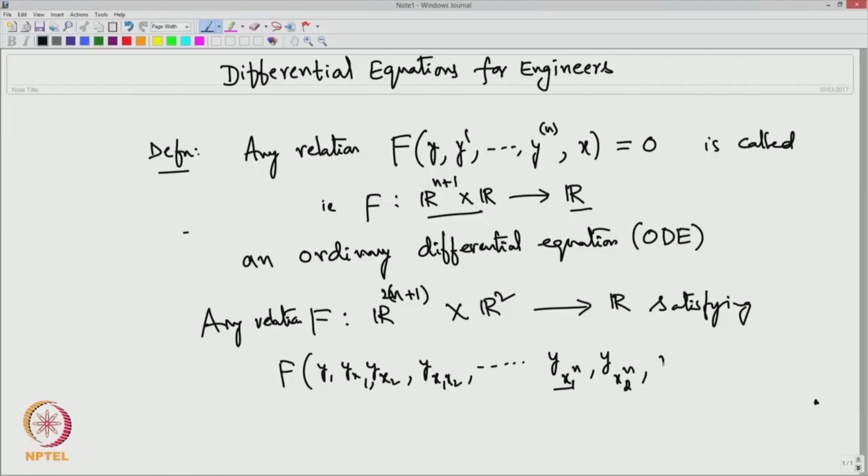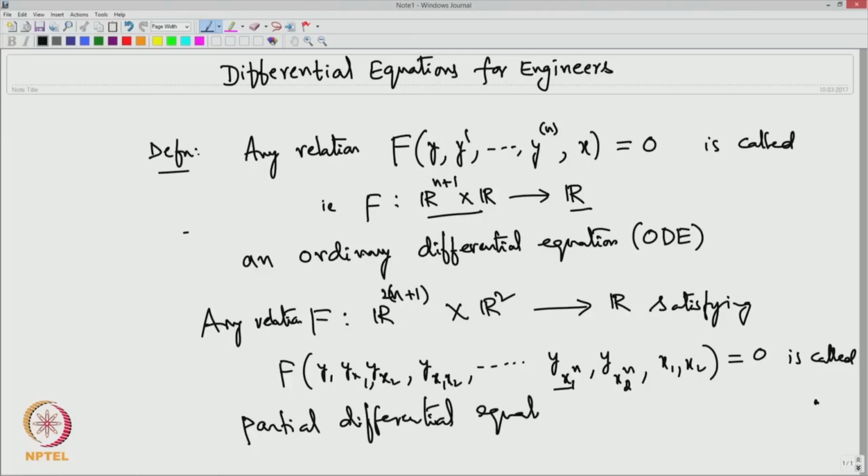So, if you have x1 and x2 as two independent variables, this relation is called a partial differential equation, or PDE.